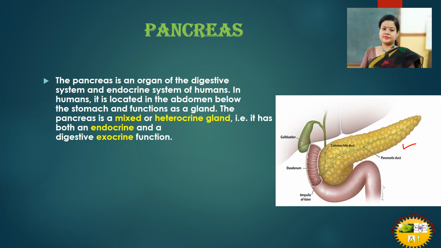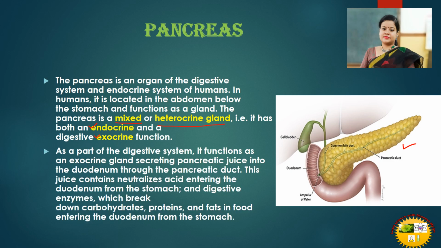The pancreas is a mixed gland or heterocrine gland. Why? Because it has both endocrine and exocrine functions. Just now we saw that the salivary gland has an exocrine function because it releases saliva through a duct. The pancreas is known as a mixed gland because it has both exocrine and endocrine functions. What is that?